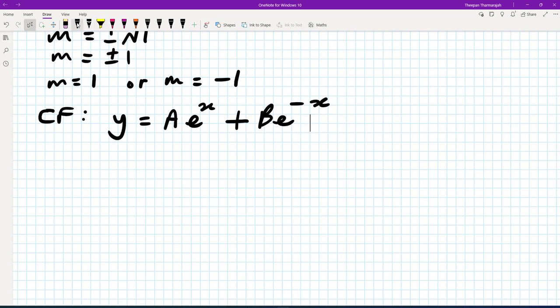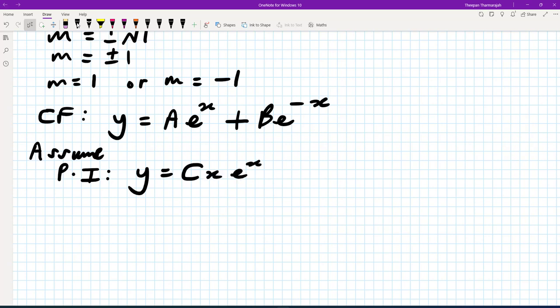So we're going to assume that the particular integral is going to be y equals c x e to the x.